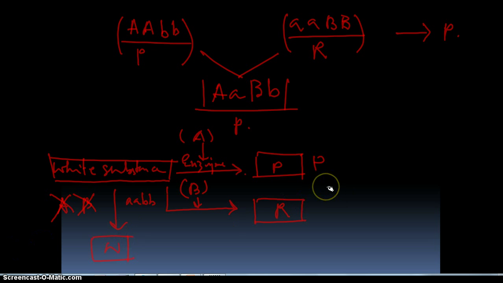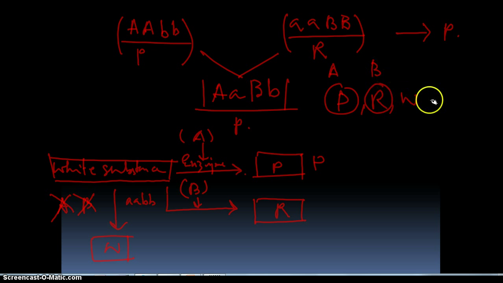So if we look at the different phenotypes, there are three: one is P, one is R, and one is W. This purple is responsible for capital A, this red is responsible for capital B, and this white is due to the absence of both enzymes.